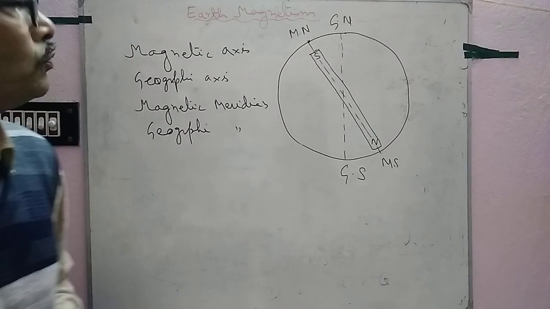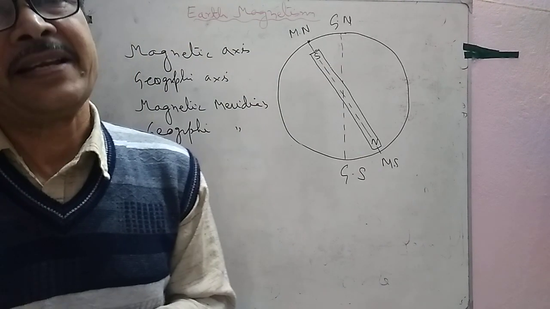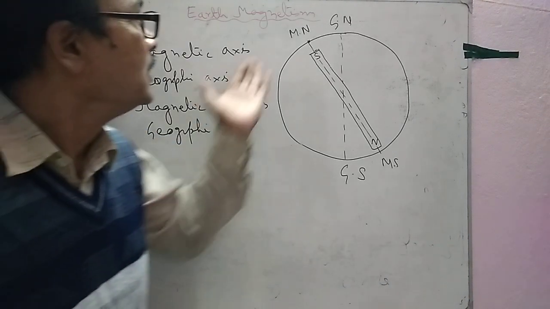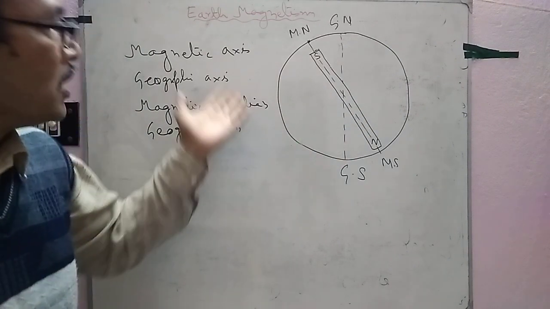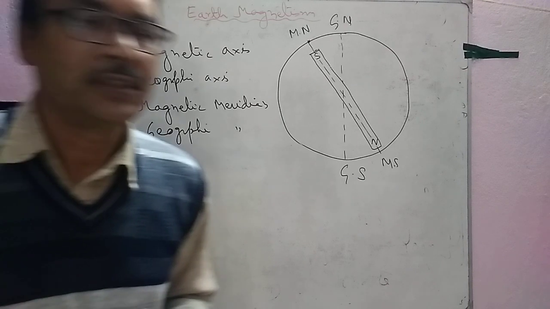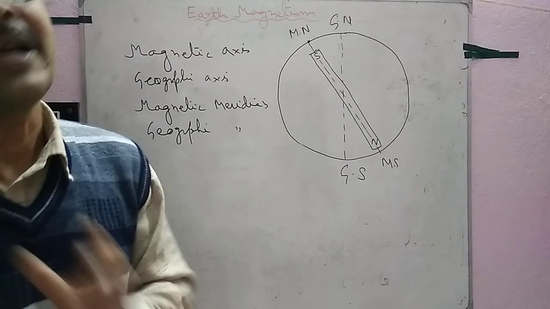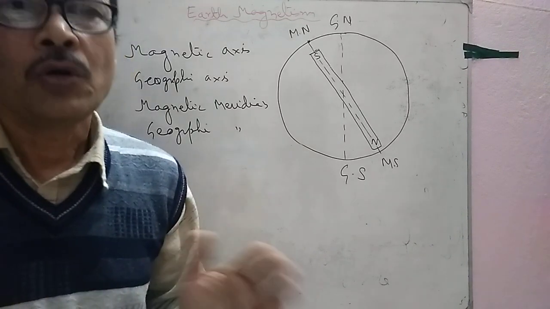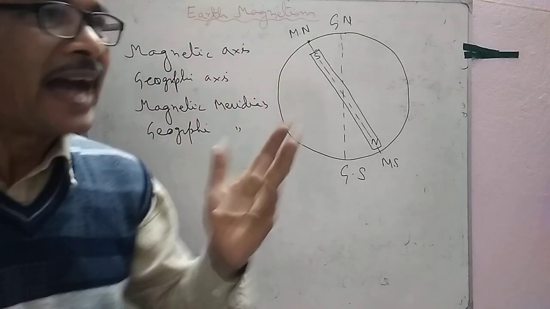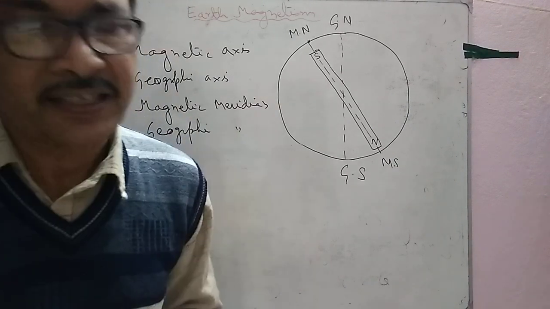Okay, so why does Earth behave as a magnet? There are so many opinions, two or three different opinions. Inside the Earth, at the center, there is molten material as a fluid due to high temperature, and at this high temperature they are in an ionized condition.